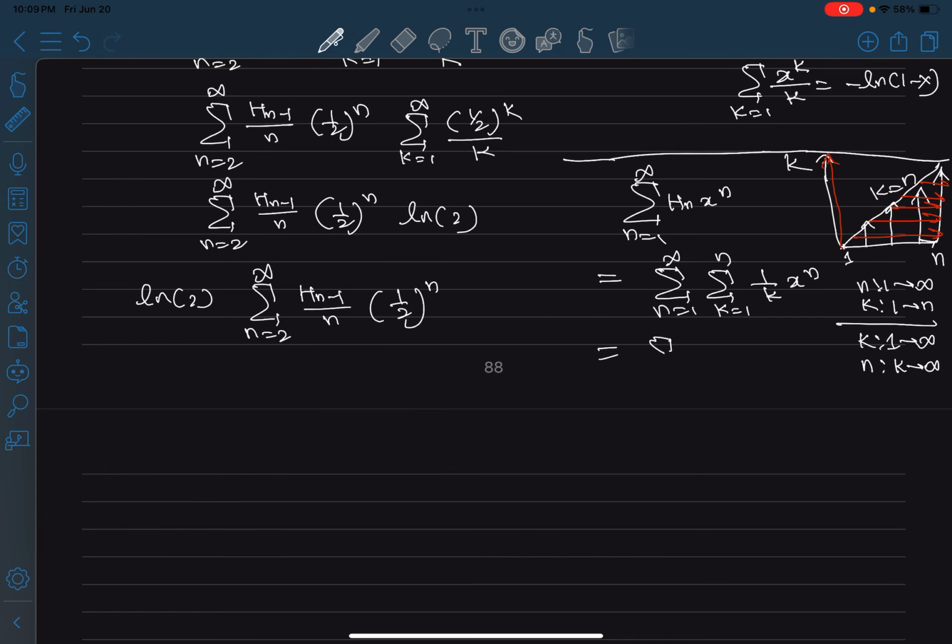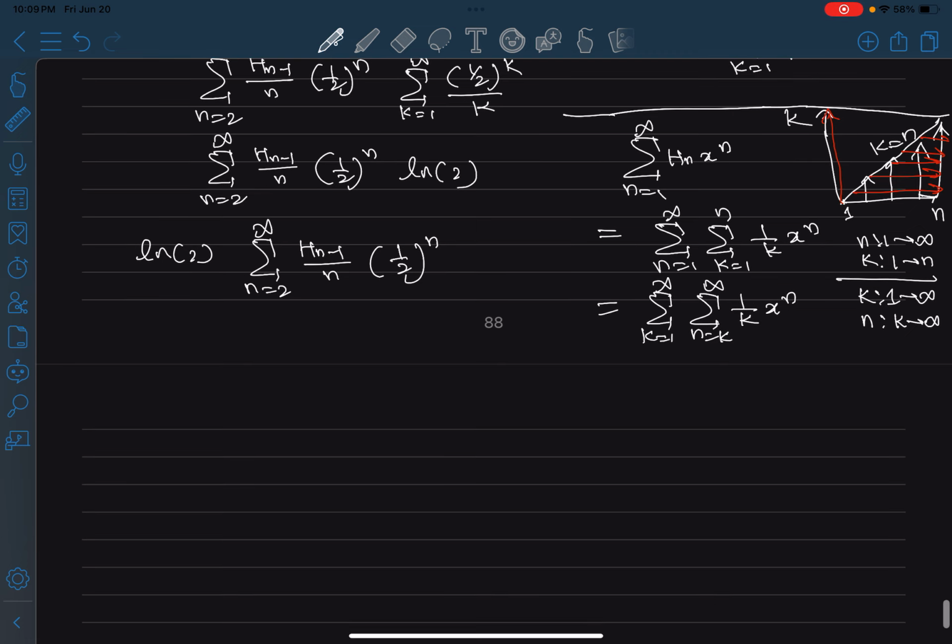So the sum from k equals 1 to infinity, sum from n equals k to infinity, of 1 by k times x to the power n. Now if we sum it, this 1 by k just comes out, and we can use the geometric formula. We will of course assume the modulus of x is less than 1, because otherwise this sum just diverges.